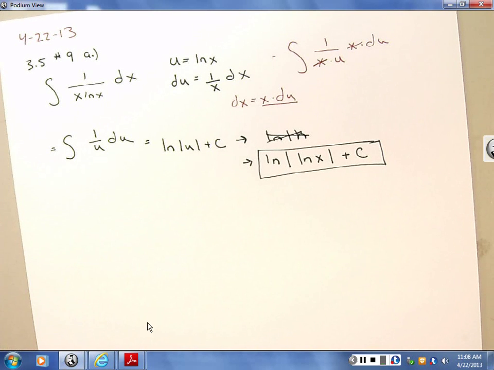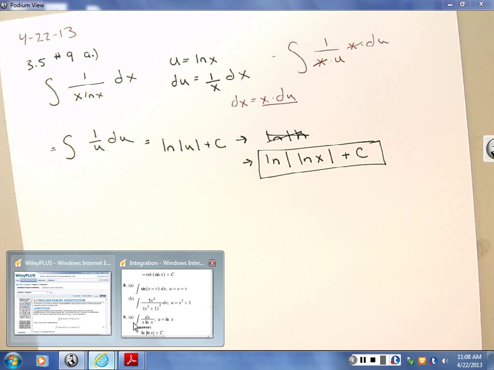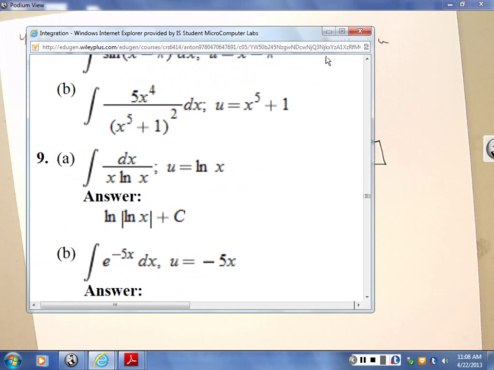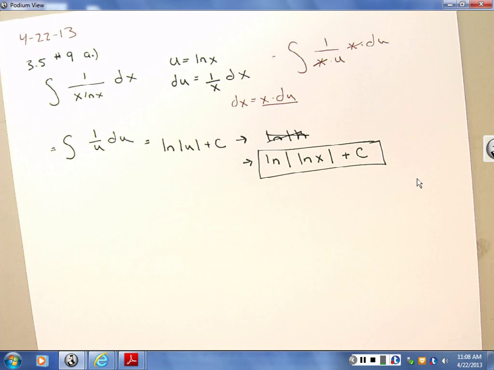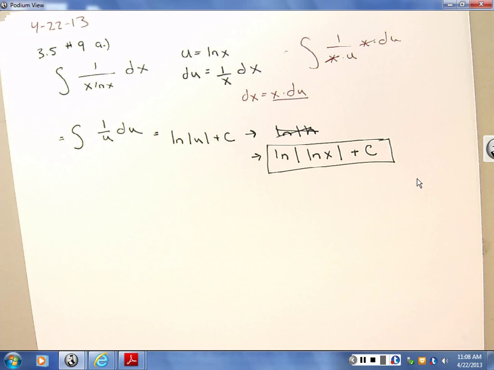So what I'm confused about, how do they get... Oh, sorry. And you can see that is the correct answer there. The ln of absolute value of ln x. Yes. When they are taking the derivative of b to the power of x divided by ln of b, it turns out to be b to the x, and I don't even know how they got that.